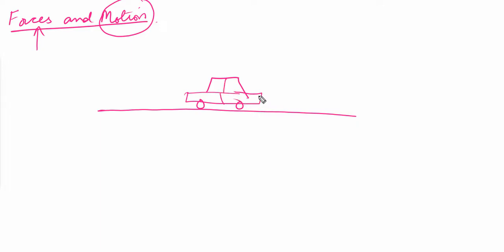The force provided by the engine of the car is towards the right, so we can call it the driving force. And the resistance offered by the road on the tires of the car is in the opposite direction, so we call it friction.